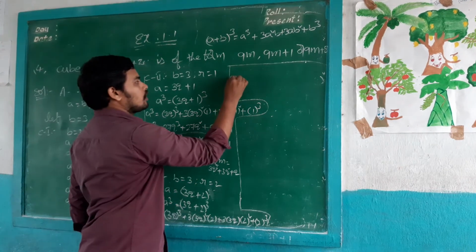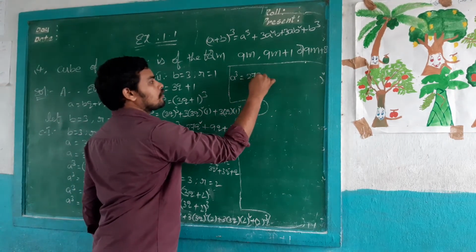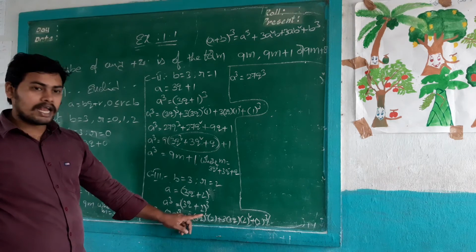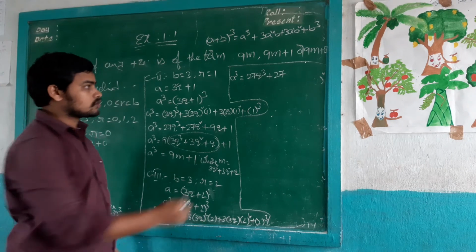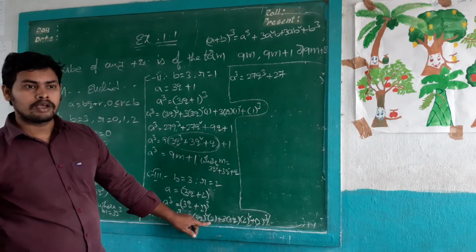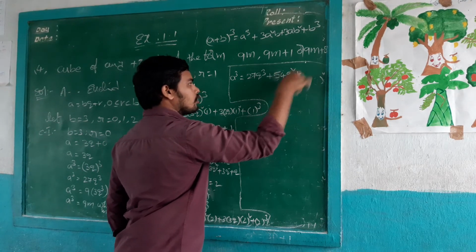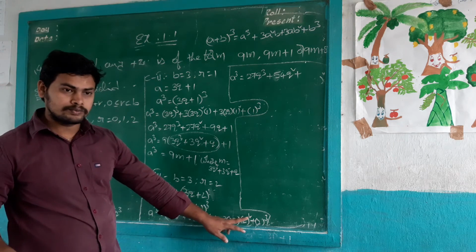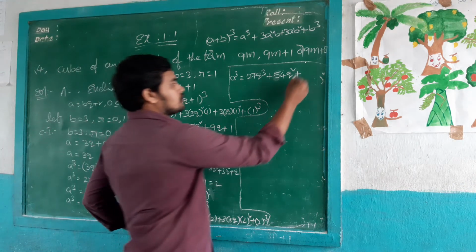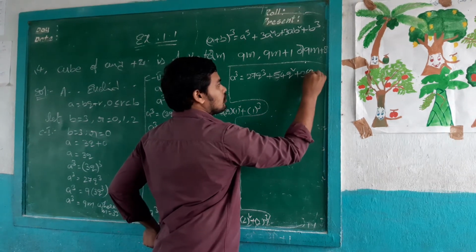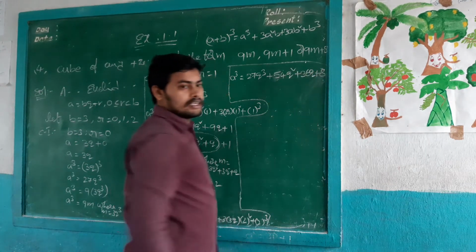Now A cube equal to 3 cube value 27, Q cube, plus 3 square value 9, 9 into 3 is 27, 27 into 2 is 54, Q square, plus 2 square value 4, 4 into 3 is 12, 12 into 3 is 36, Q, plus 2 cube value 8.